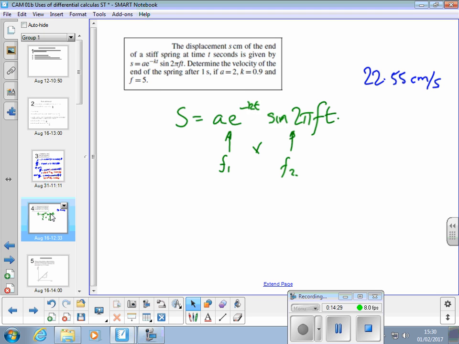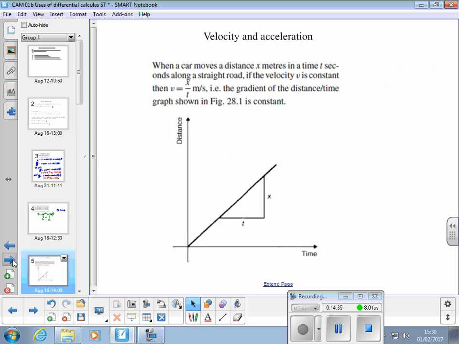All right. Velocity and acceleration. When a car or a vehicle moves a distance x meters in time t seconds along a straight road, if the velocity v is constant, then v equals x over t meters per second, i.e. the gradient of the distance time graph is constant.